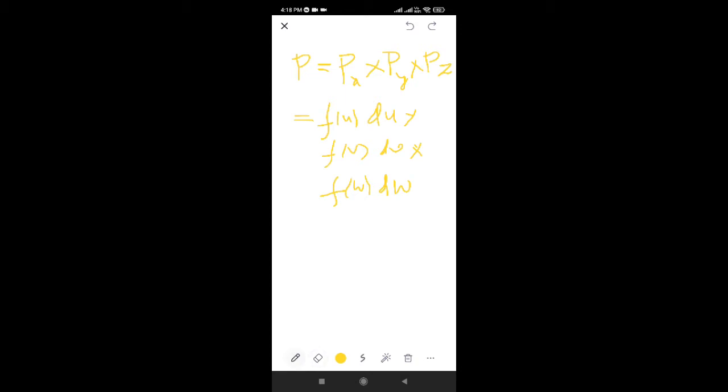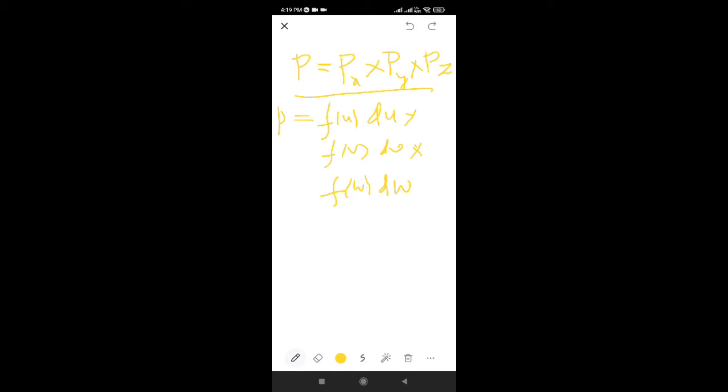You have to note one thing. This formula applies when Px is independent of Py and Py is independent of Pz. Why are these probabilities independent? We already assumed in our assumptions that velocity along the x-axis is independent of the velocity along the y-axis, and similarly the velocity of a particle along the z-axis is also independent of the velocities along other axes.